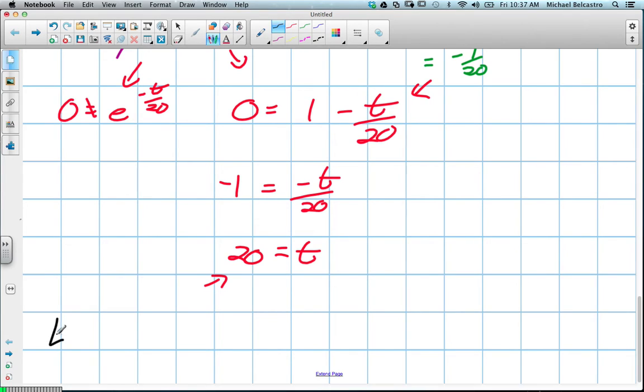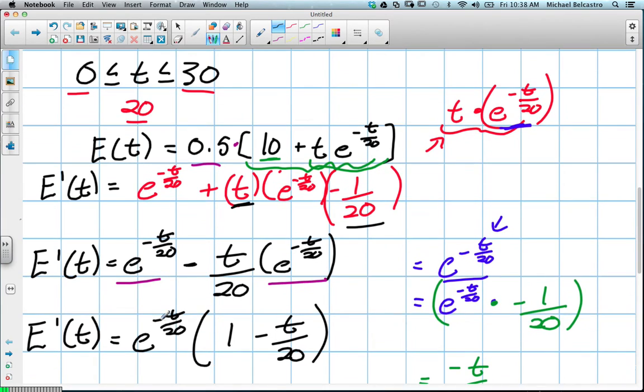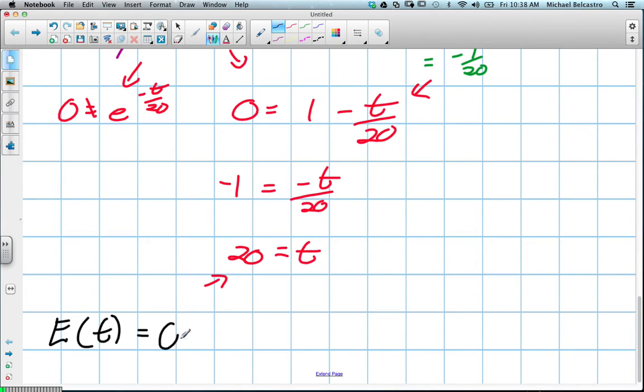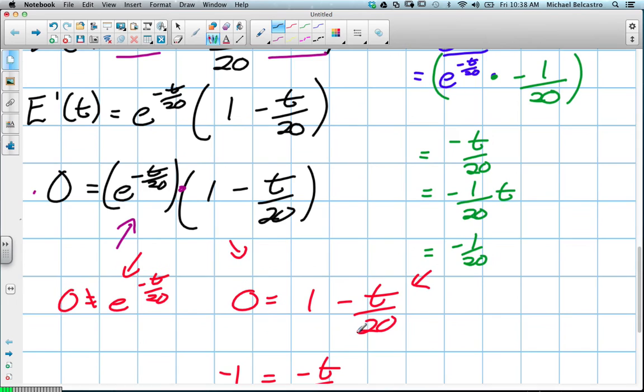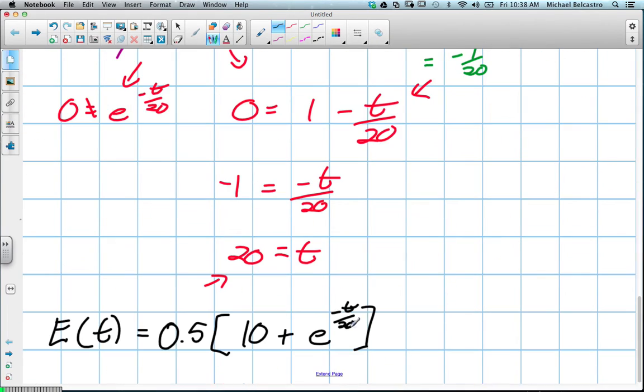The original, write it again, E at t is equal to, I do not have it memorized, what is it? 0.5, 10 plus e to the power of negative t over 20, is that right? Let's find out. Yeah, that's it. So the values we're going to plug in are at 0, 20, and 30.